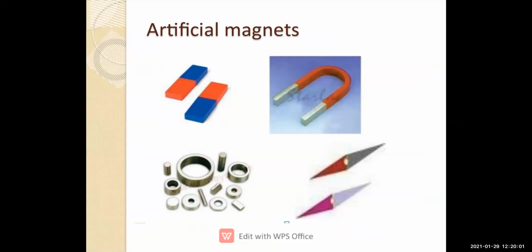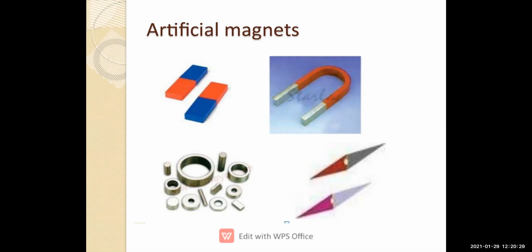Now these are some artificial magnets. That is bar magnet and horseshoe magnet.